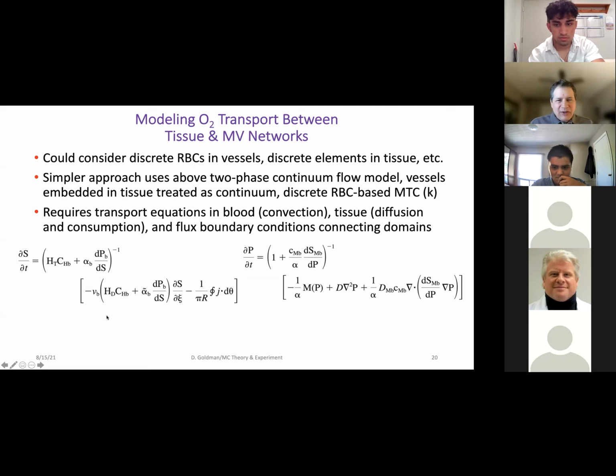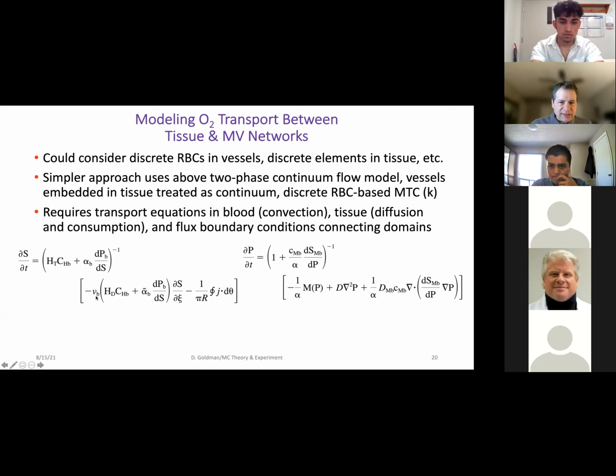And, you know, they look complicated, and they could be simplified a lot without missing much. So basically, this is the blood saturation of oxygen. This is hematocrit. This is the binding capacity of red cell hemoglobin. And so this is the dissolved oxygen in the blood, which is really small. So you could just drop all these alpha terms because there's not much oxygen carried in the blood in dissolved form.